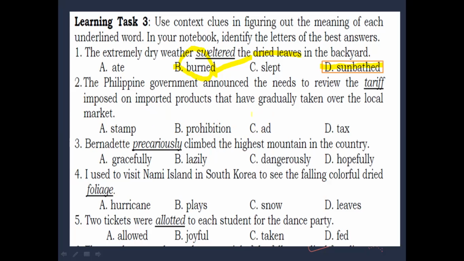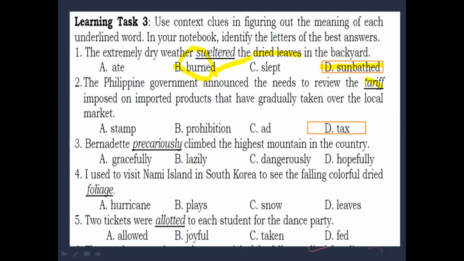gets money from, di ba? Ano yung tawag natin doon na makikita natin sa lahat ng resibo natin, maririnig natin sa balita? A. Stamp. B. Prohibition. C. Ad. D. Tax. The answer is tax. Okay. So, yung kinukuha ng gobyerno sa atin is what we call tax. So, it says, the Philippine government announced the need to review the tariff, the tax.